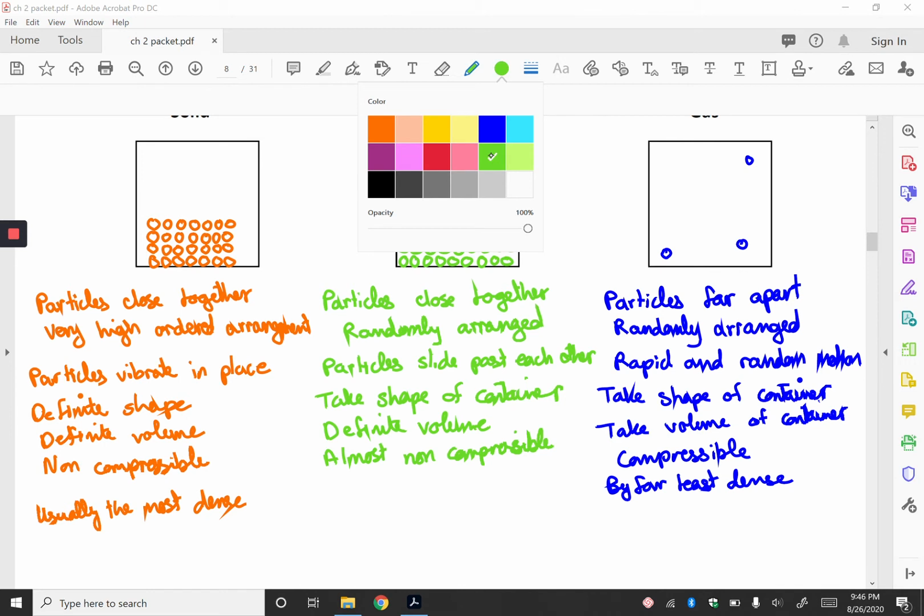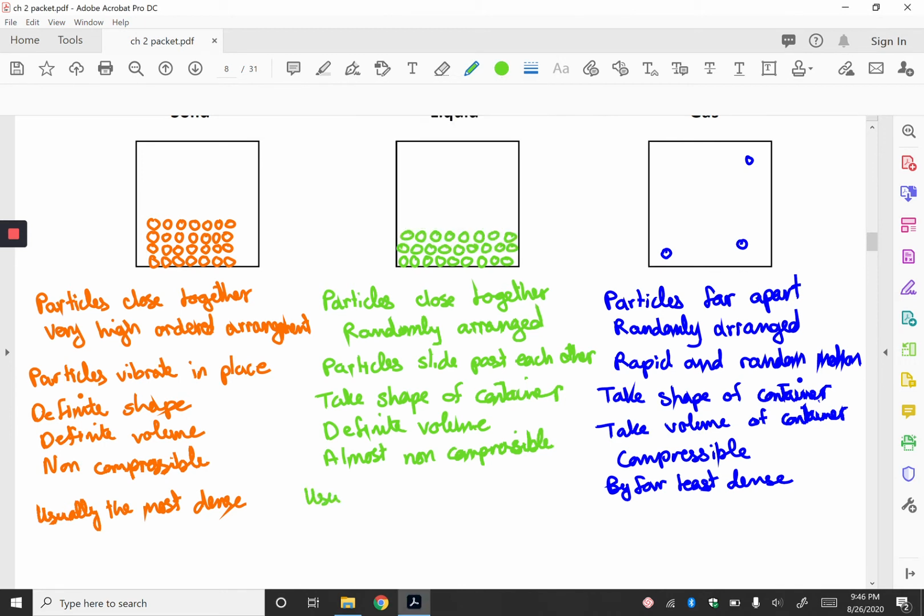And liquids are usually slightly less dense than solids.